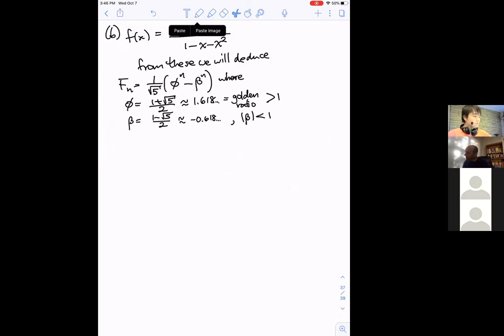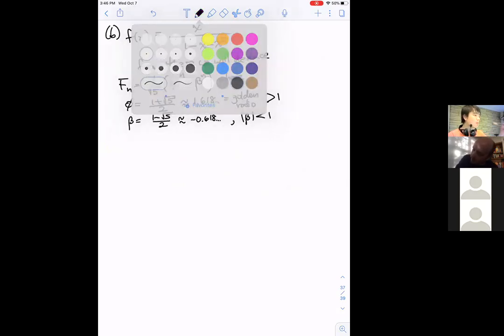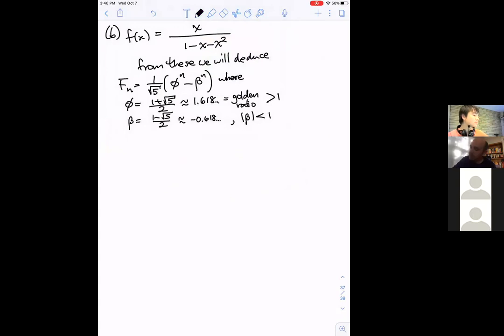And the point here is that 1 minus x minus x squared, that denominator, I'm going to want to take this expression, which is a little bit hard to work with, right? Remember, this is a power series in which the coefficient in front of x to the n is my Fibonacci number. I want to extract the coefficient of x to the n in this expression.